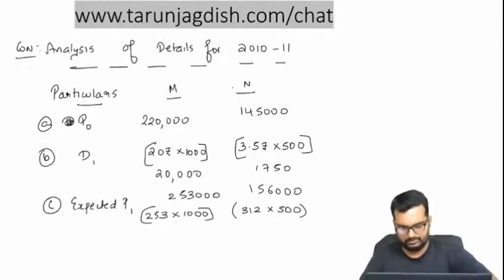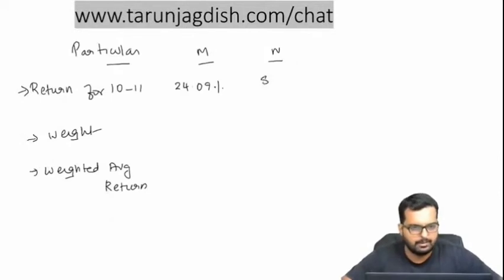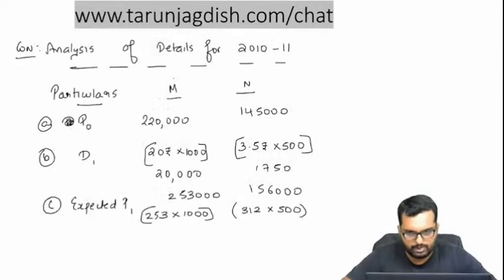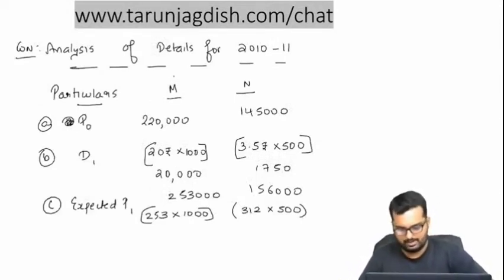It will be 1,56,000 minus 1,45,000, plus 1750, divided by 1,45,000. Again, the answer is 8.79 percentage.